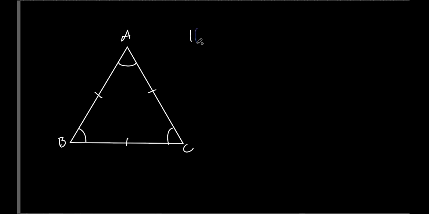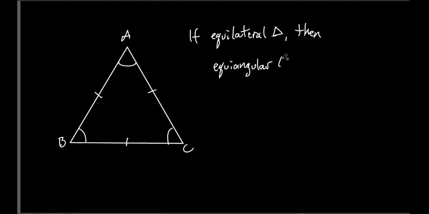So if your triangle is equilateral, then it's also what? Equiangular. Then you have an equiangular triangle. Just write it like that.